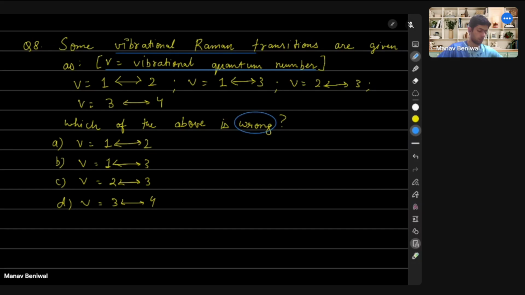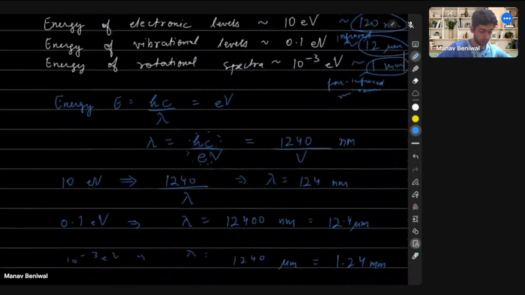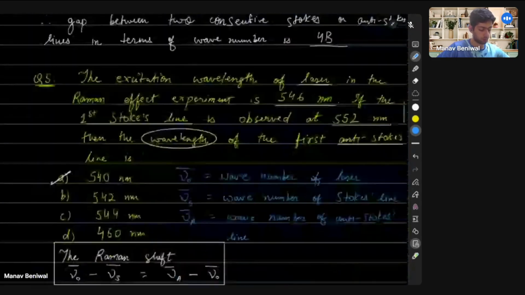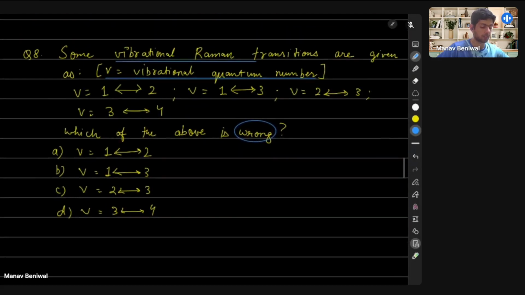Okay, so if we go all the way back, first notice this is about vibrational spectroscopy, right? Vibrational. All the questions we were doing till now were mostly rotational spectroscopy, rotational transitions, and there the quantum number is denoted by J. Here it is V, and we are talking about vibration.